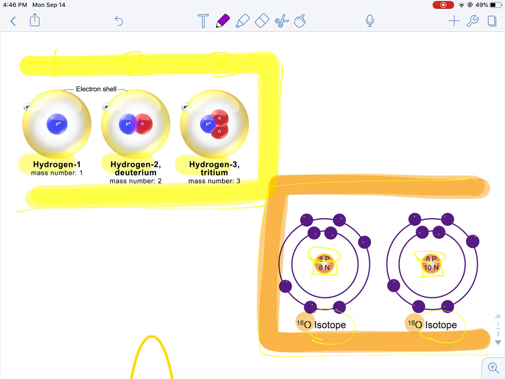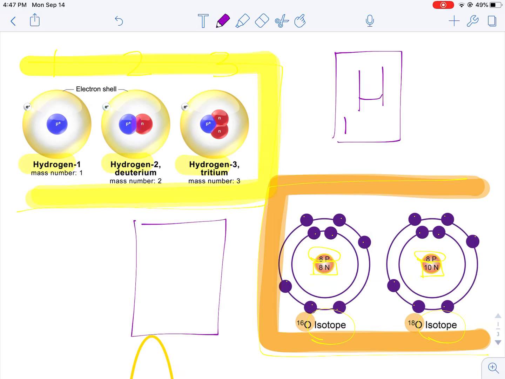Well, let's go back to our first example of hydrogen here in this yellow box. Hydrogen is an element on the periodic table. If we were to look on the periodic table at hydrogen's box, we would notice that it has the number 1 in it. If we were to look at our second example of oxygen in the orange box and find where it's positioned on the periodic table, we would see in oxygen's box it has the whole number of 8.